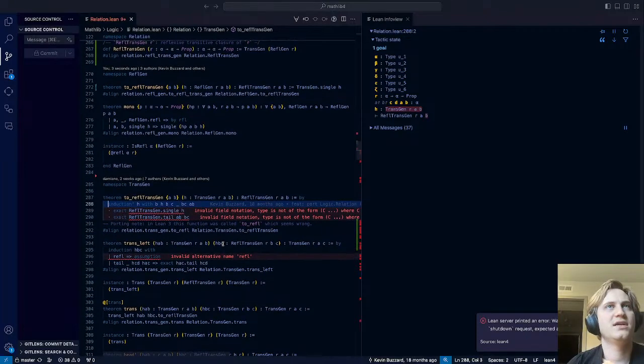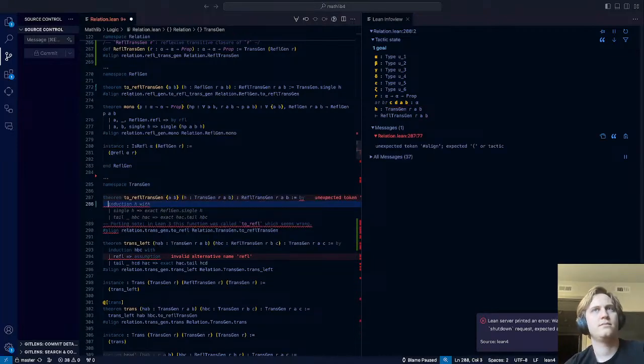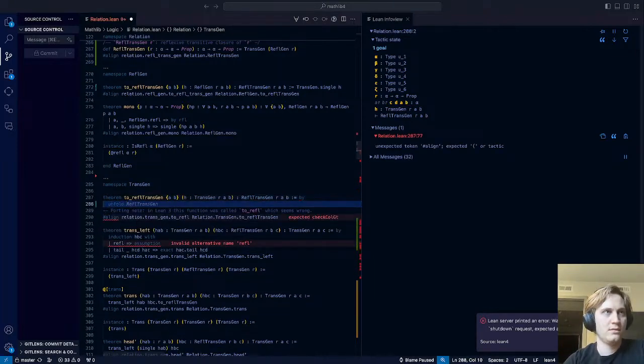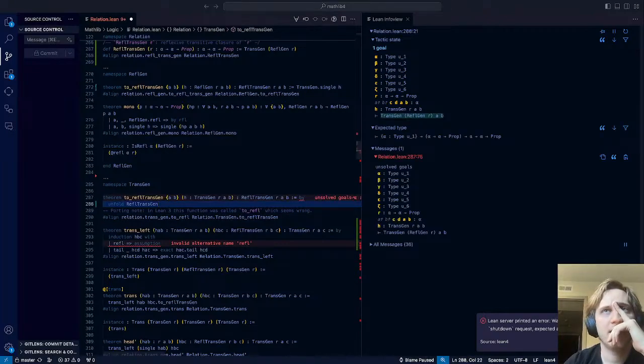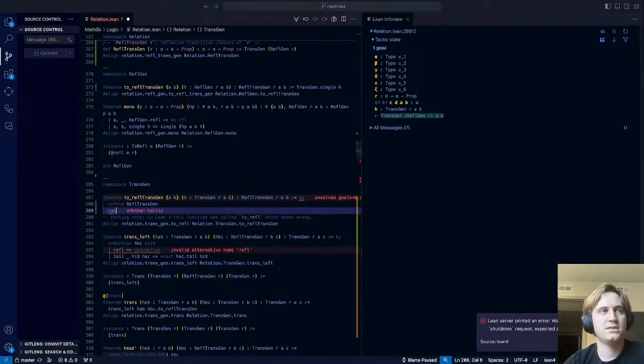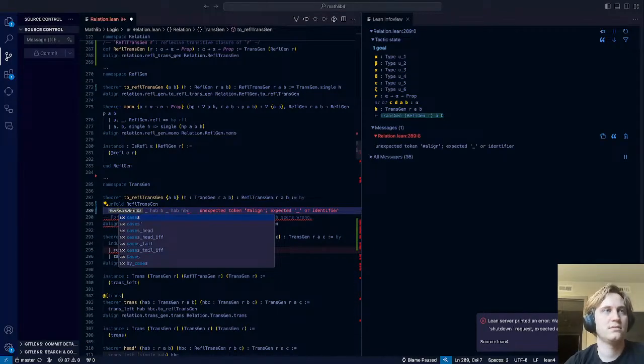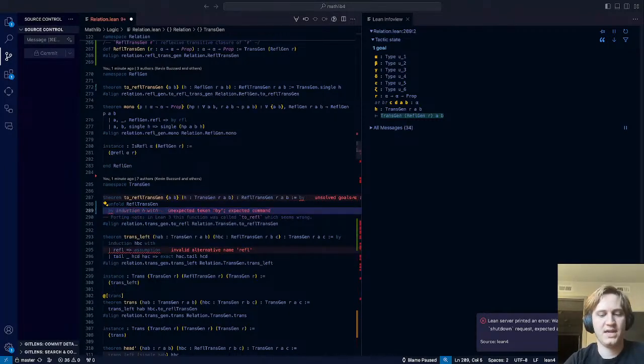I think the way that I do this is to always set it up so that I can see things clearly. Transgen. Cases. I think what I want to do is cases.